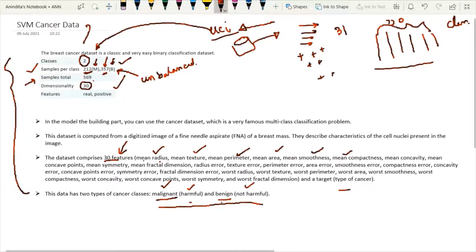Whenever we write our SVM algorithm, our intention is to find two separate classes so that we can get the maximum classification accuracy. That means all malignant category will be on one side and all benign category will be on the other side. This is our concept. We know that we will definitely use the kernel trick, and what kind of kernel we will use, you have to decide.